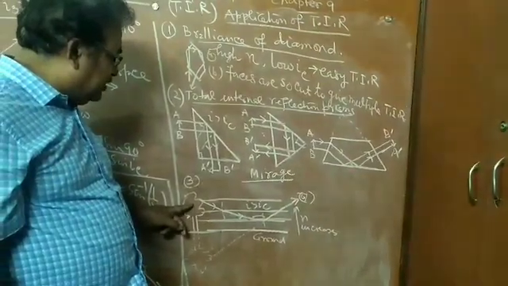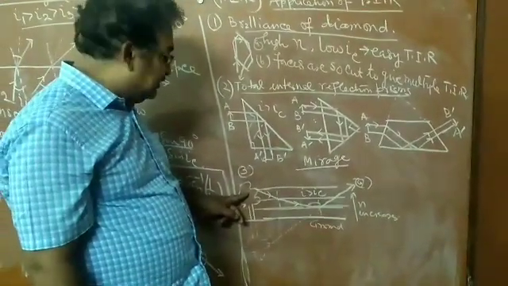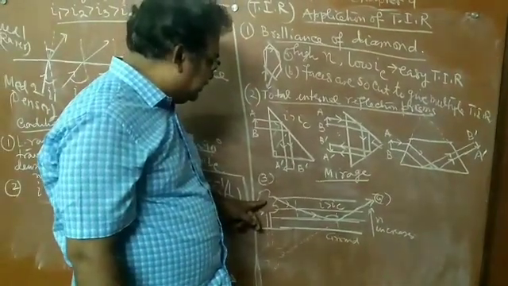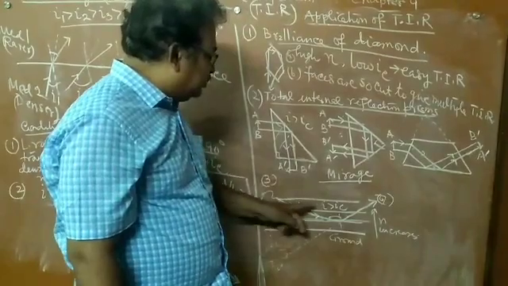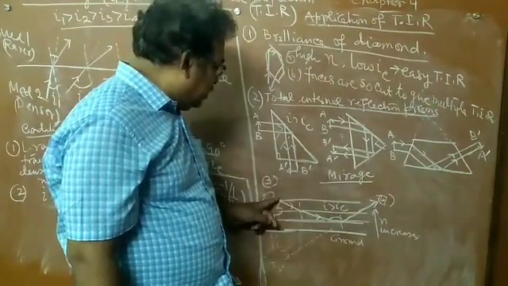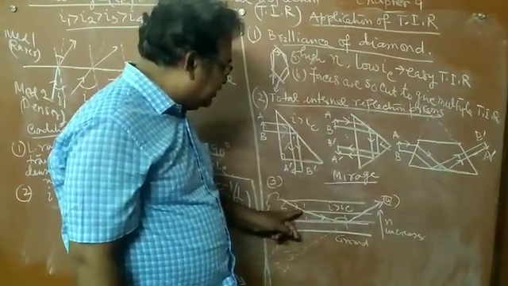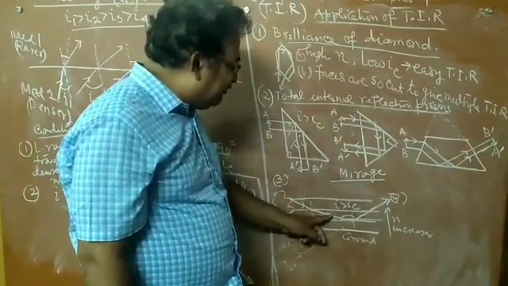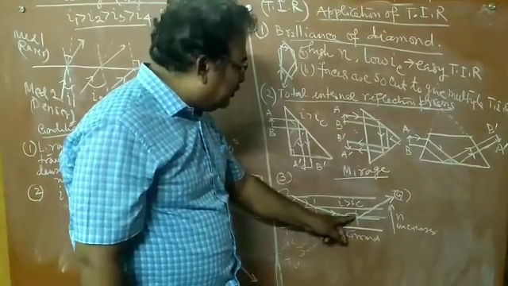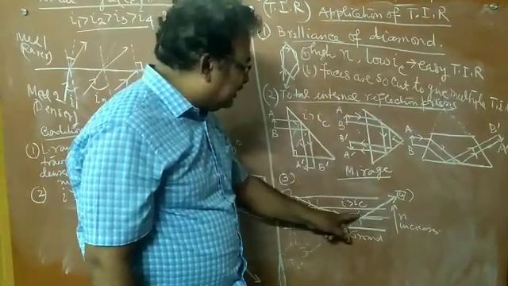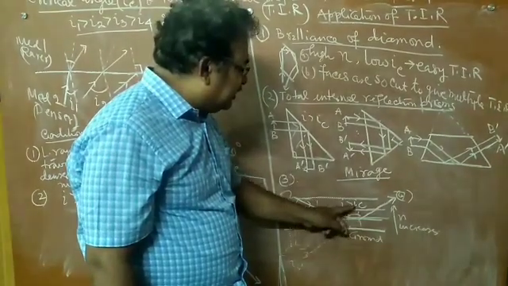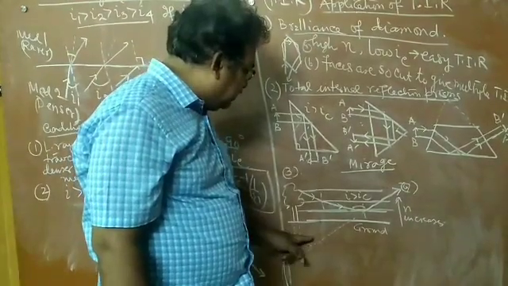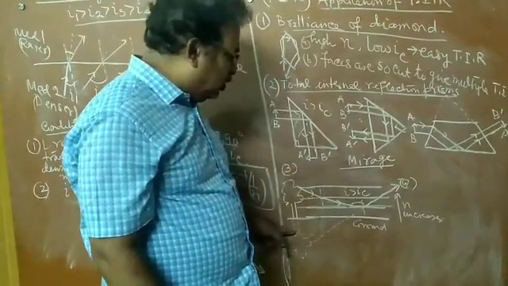Suppose a traveler is traveling in a desert, and there is a cactus type tree, or plantation present in the desert area, and he is observing that tree. Now a ray of light coming from the tree is moving from denser to rarer medium. So it will bend away from the normal, and a stage will come when the angle of incidence between those two layers is greater than the critical angle. It is totally internally reflected.